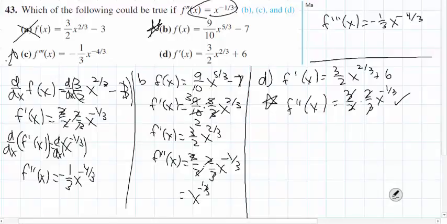And the answer is yeah. So we end up getting that A is not good, but B, C, and D are good. They're consistent with that second derivative. All right, there's 43.